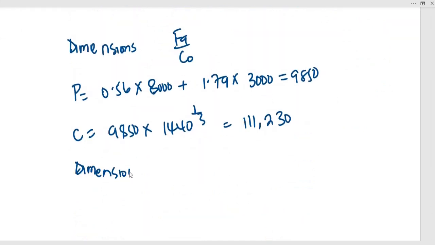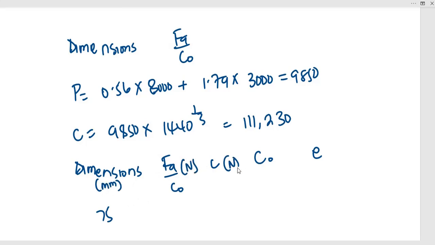Now we are noting the data of our bearing. So FA over C naught, we have C naught, then we can get E. So the dimensions we are talking about, 75 millimeters. Remember, this is in millimeters, this is in newtons.